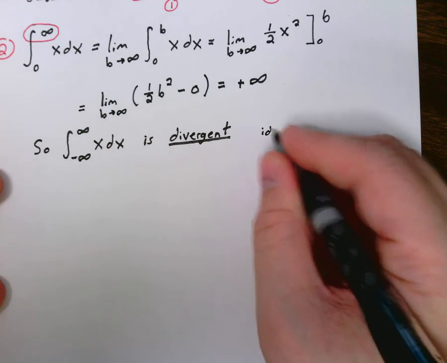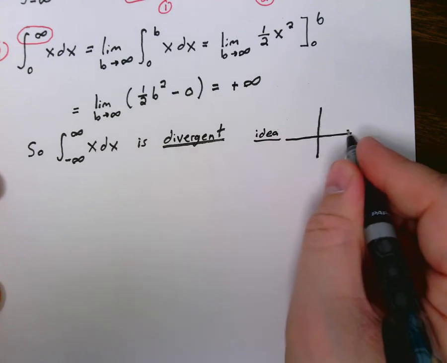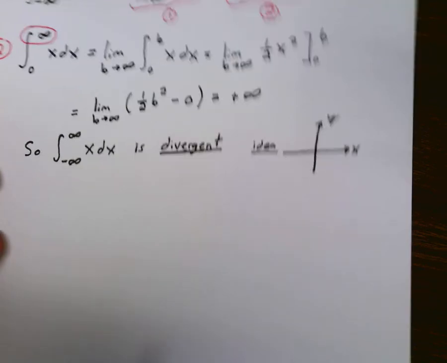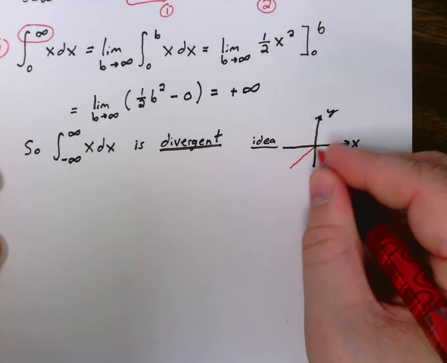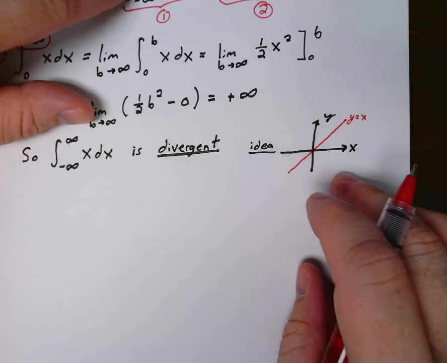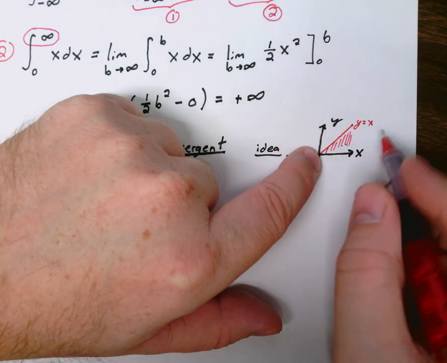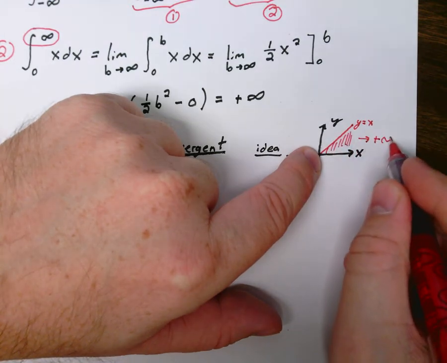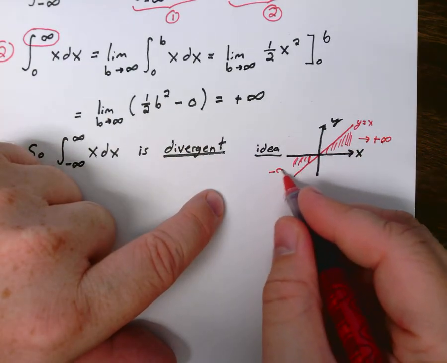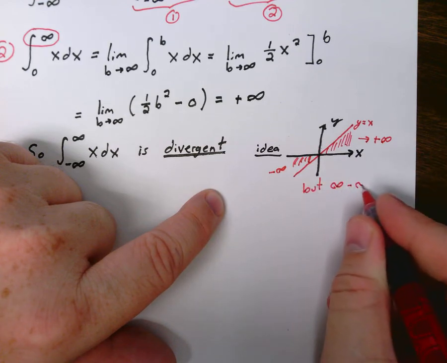If you look at the graph of this, it's just the identity function. The identity function is pretty simple. It's just this little guy right there, y is equal to x. Notice if I split it at 0 and I go from 0 to infinity, the area under this curve is shooting up to plus infinity. This is shooting down to minus infinity in this region here, but infinity minus infinity is not defined.